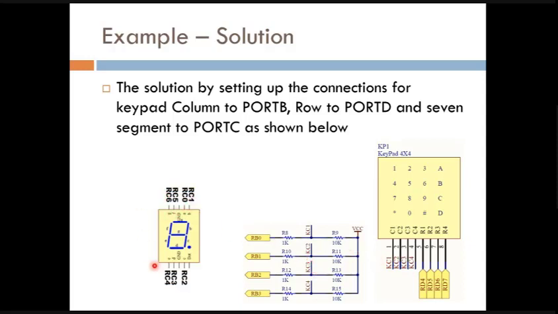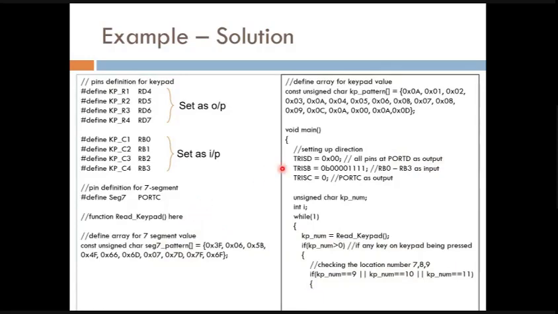So this is the connection for the 7 segment, starting from RC0 to RC6. First, you declare the name. You define RD4 with the name KP_R1.